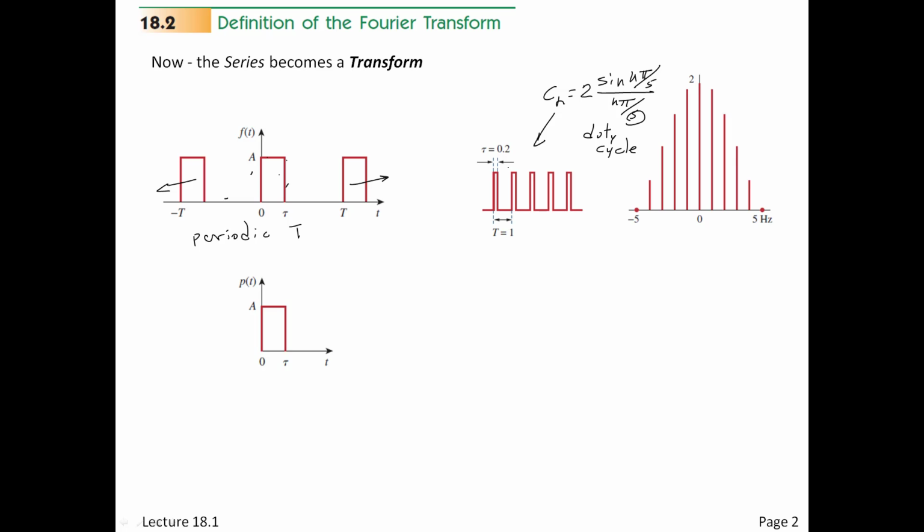This duty cycle is 20%, in this case 1/5, so that's where we're seeing the 5.